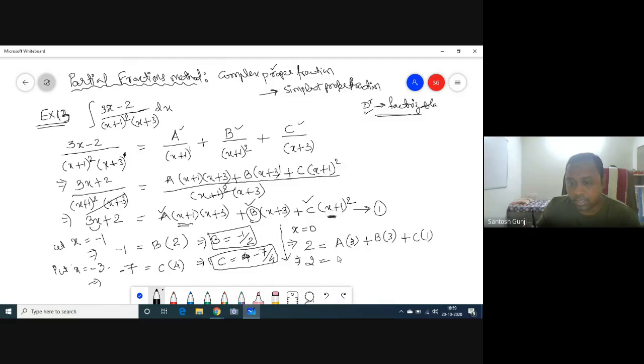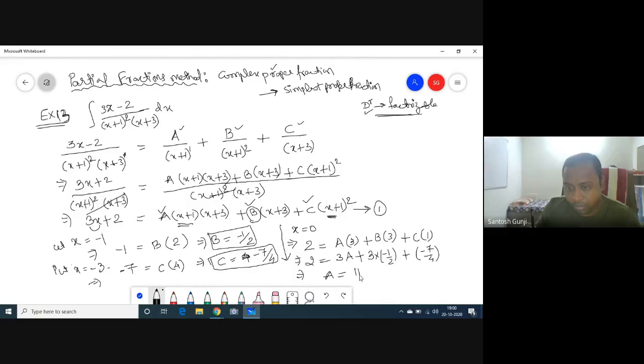So 2 equals 3a plus b into 3, that is 3 into minus 1 by 2, plus c, whose value is minus 7 by 4, into 1, or only minus 7 by 4. Now you can take these two fractions to the left hand side, and by solving this you will get the value of a as 11 by 4.